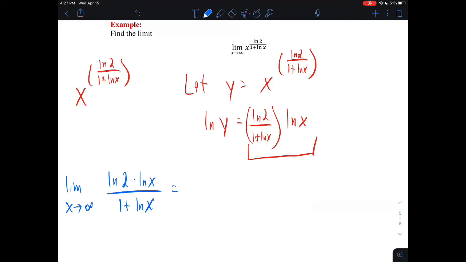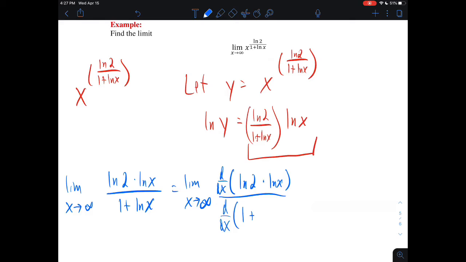So I'm going to take the derivative of the numerator and denominator. With the numerator, don't forget that the natural log of 2 is just a number, so I'm just going to factor that out through the derivative process. Then all we really need is the derivative of the natural log of x, which is 1 over x.